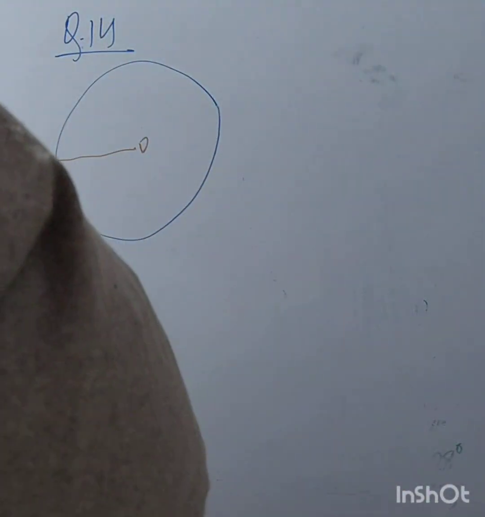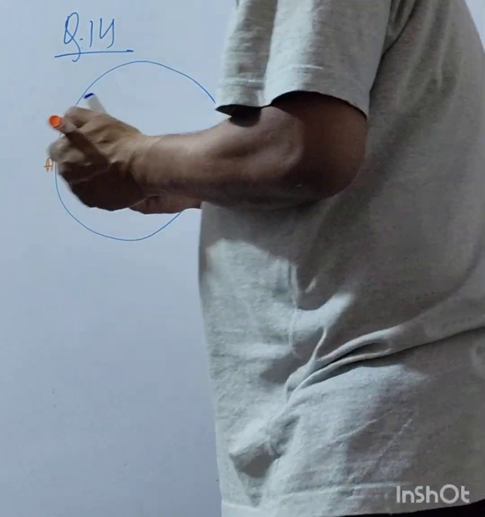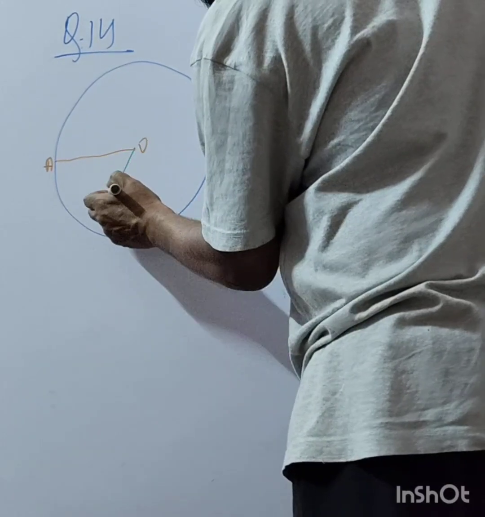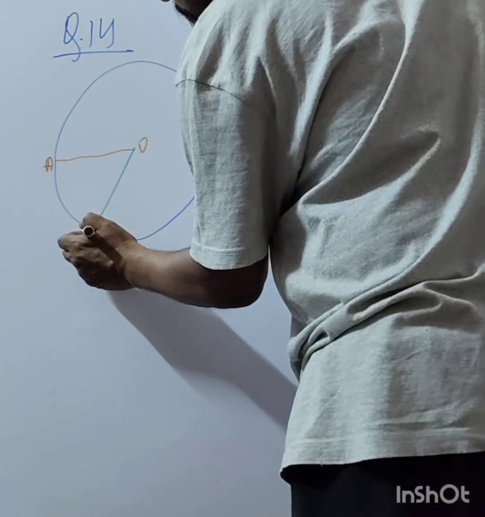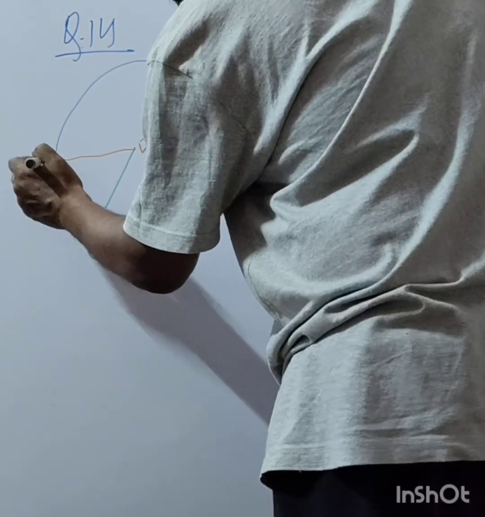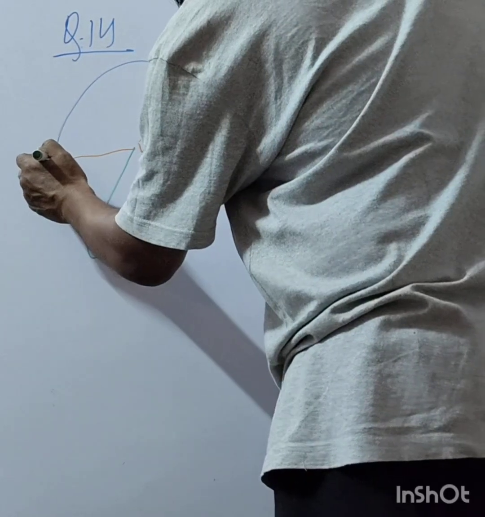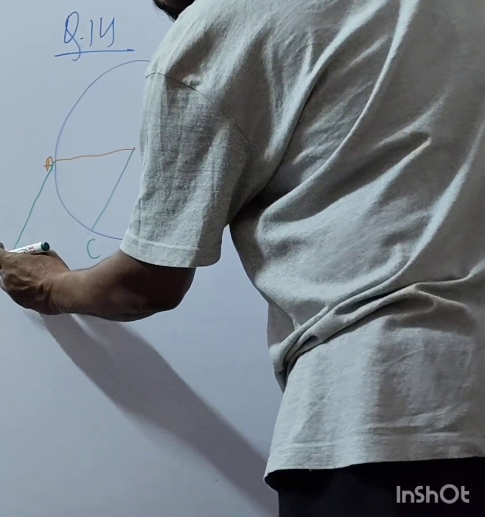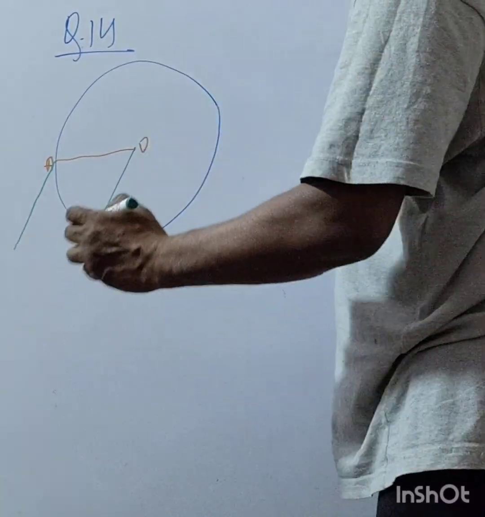And we have OC, OC like this. Then we have a line from here that is called B, na? AB. Yes.